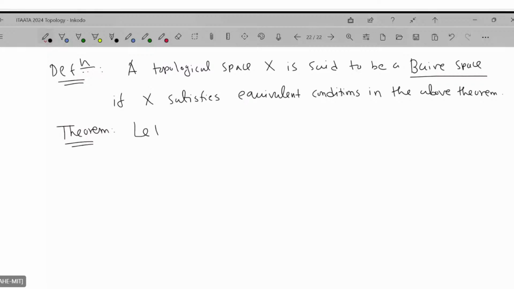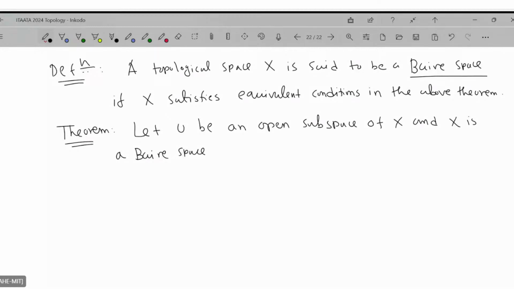Let U be an open subspace of X, and X is a Baire space. Then U is a Baire space. So every open subspace of a Baire space is a Baire space itself.